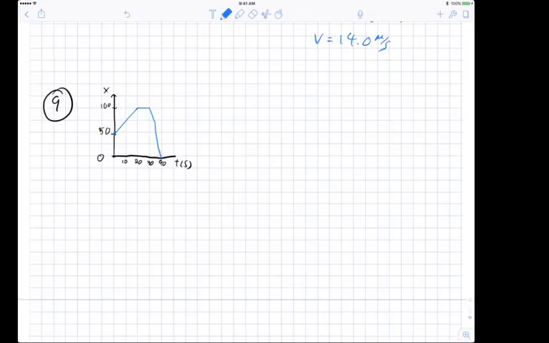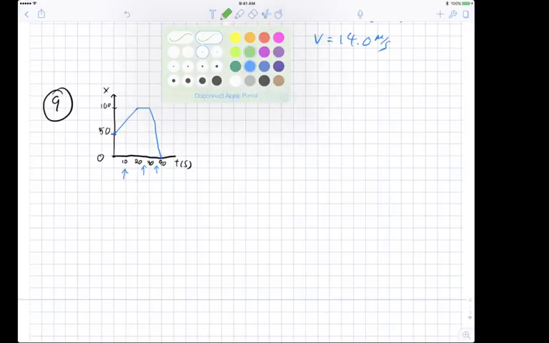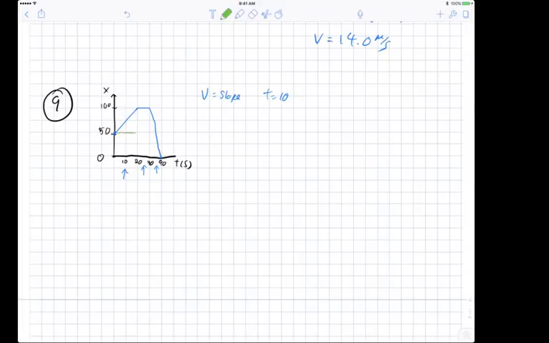So we're asked about the velocity at different times. At time 10 seconds, at time 25 seconds, and at time 35 seconds. And so the thing we're looking for is the slope of these graphs. All right, so t is equal to 10. Let's draw that. Horizontal displacement here is 20, and the vertical displacement there is plus 50.